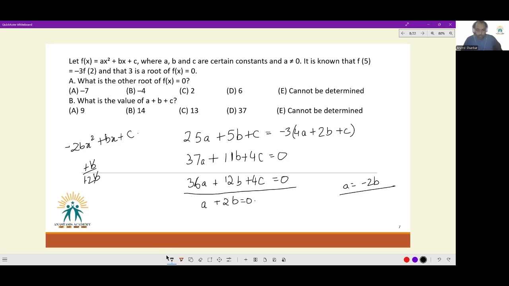If it gets me to 11b only, the equation at the bottom will turn to a minus b is equal to 0, which will get me to a is equal to b, which will turn the equation to ax square plus ax plus c, which will give me sum of roots is minus a by a, equal to minus 1. Sum of roots is minus 1. One of the roots is 3. So the other root has to be minus 4.